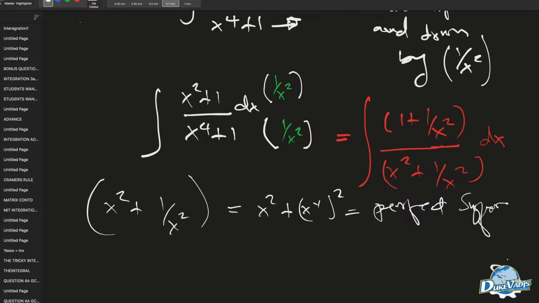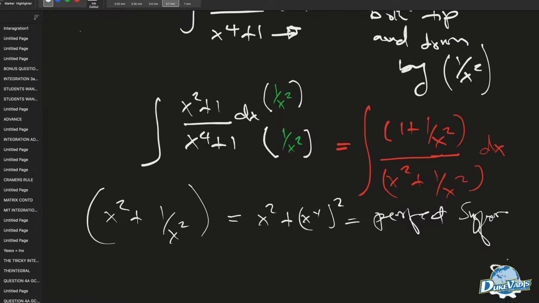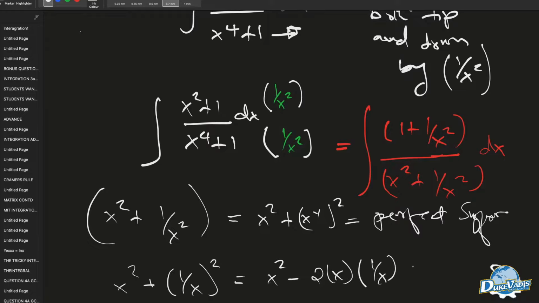So x plus 1 over x all squared is given as x squared plus 2x multiplying 1 over x plus 1 over x all squared.